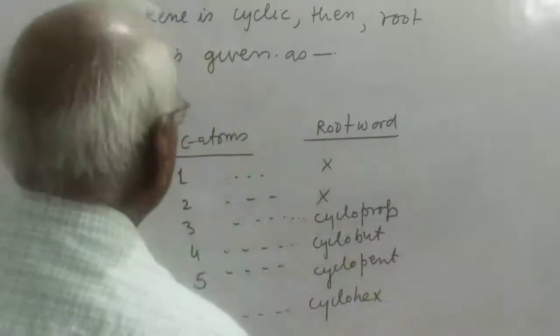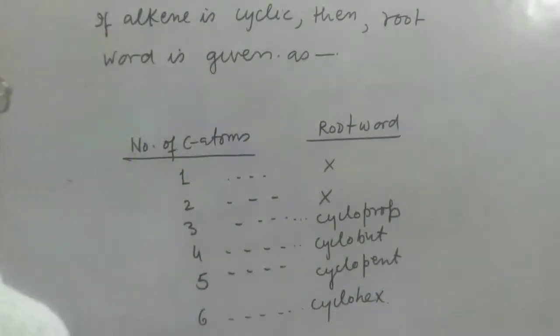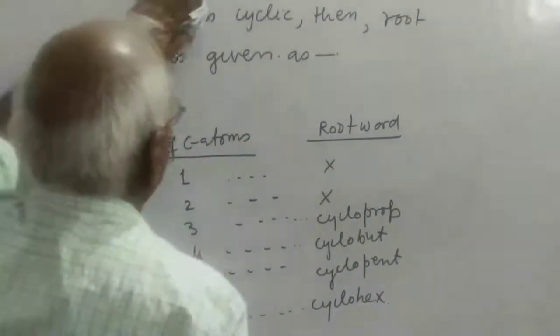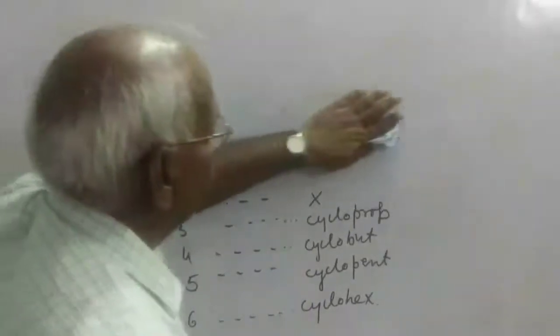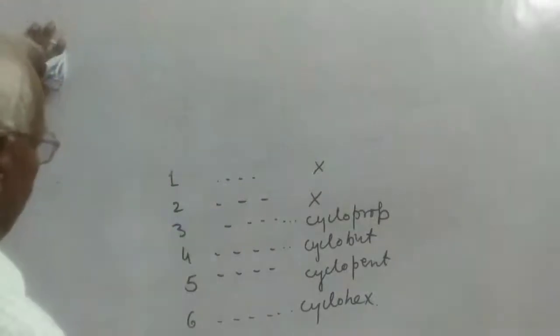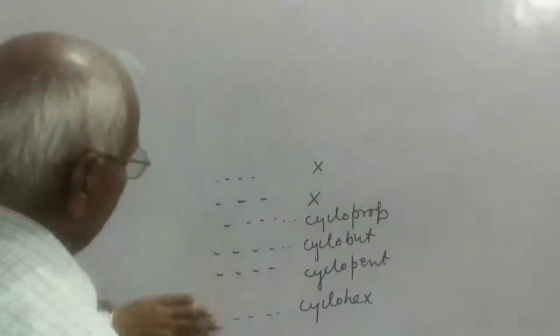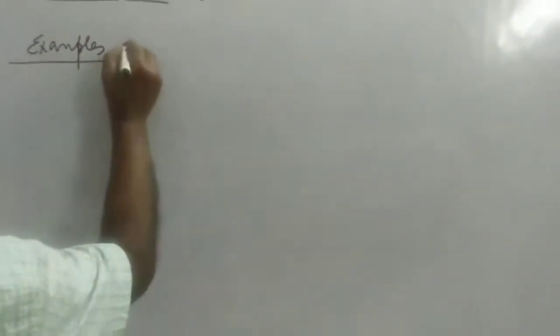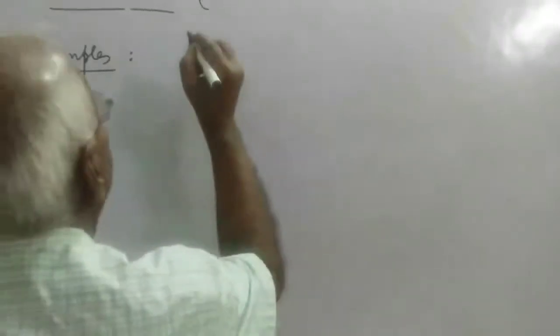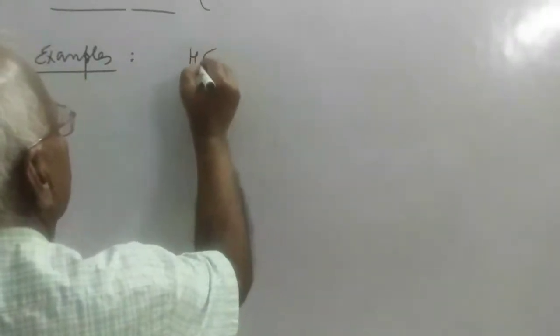So these are the general informations about alkenes before taking the name according to the IUPAC system. Now take the example. I start with the simplest one. This is CH2=CH2.